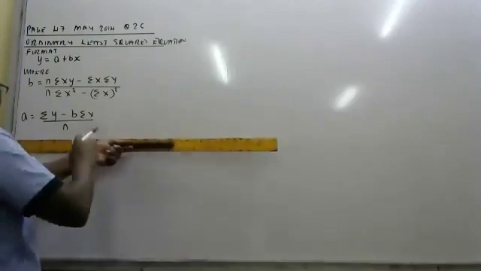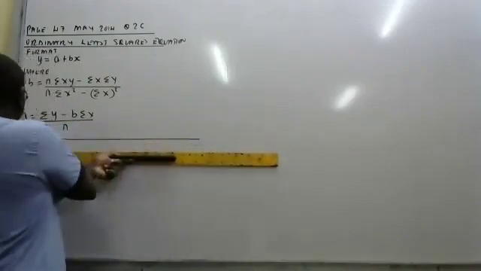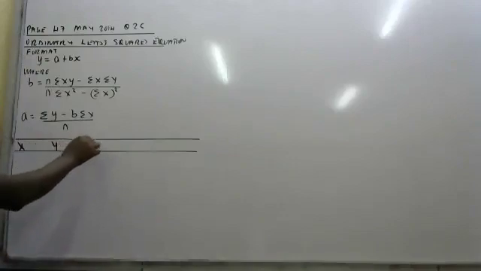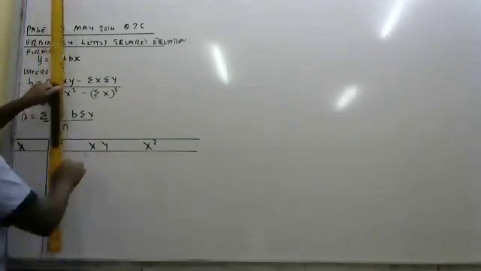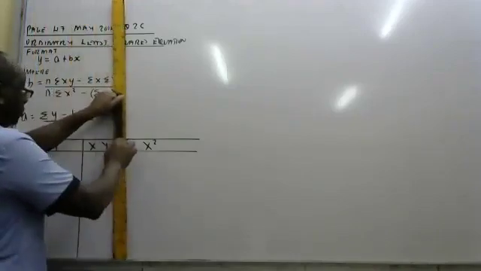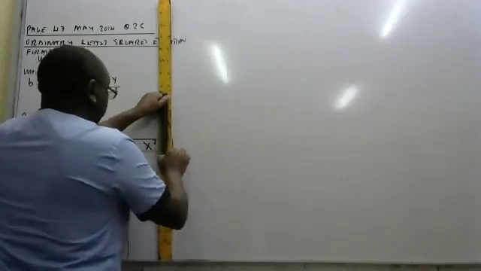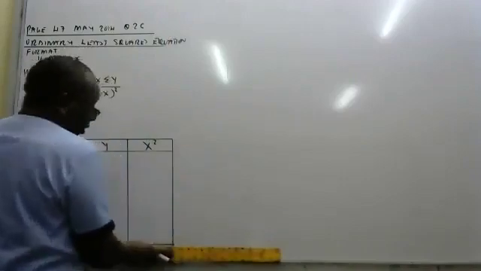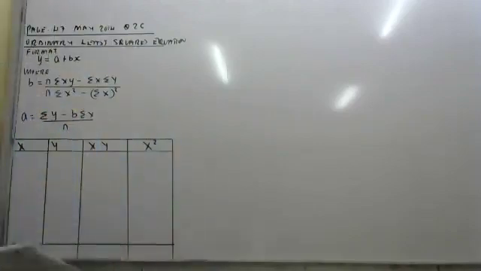So from there, you prepare the analysis table whereby you have x, you have y, you have xy, and you have x squared. So we record these values.